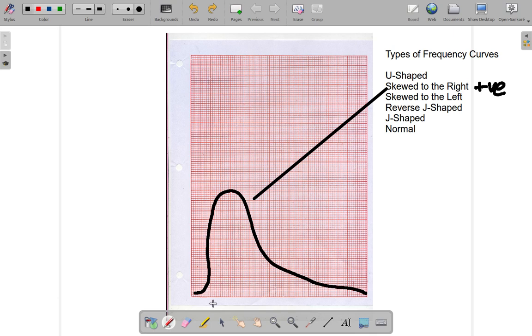Now, you have certain situations that can give rise to it. Suppose, for example, this is number of households, right? Let me correct that.